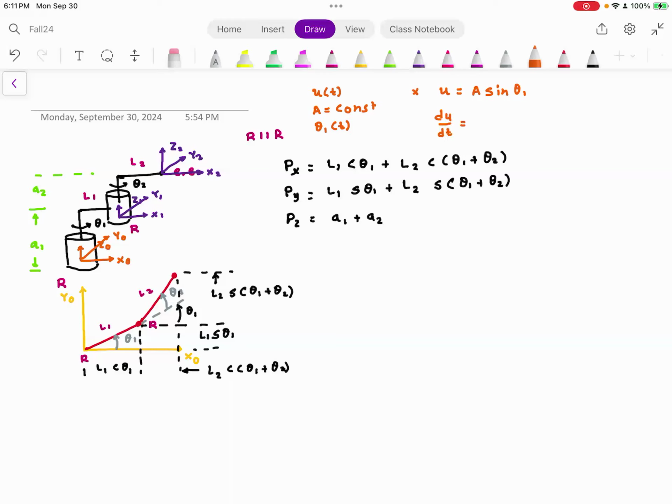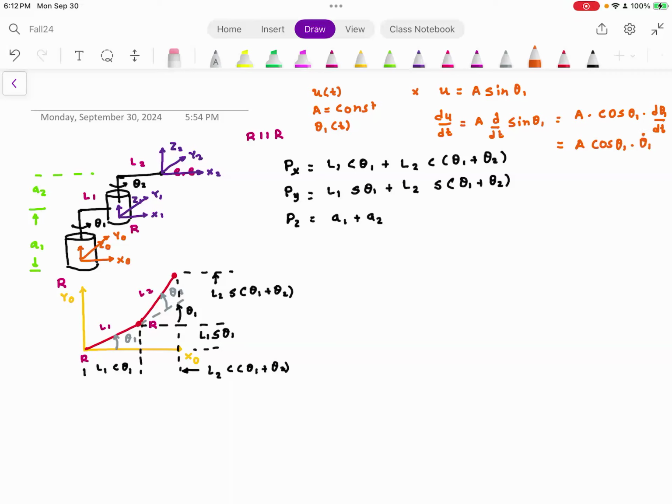is equal to A comes out, and then I have d by dt of sine theta 1. And here, since theta 1 is dependent on time, the answer is going to be A, derivative of sine, which is cosine theta 1, multiplied by the derivative of theta 1 with respect to time. So the answer to this derivative is A cosine theta 1 multiplied by theta 1 dot.